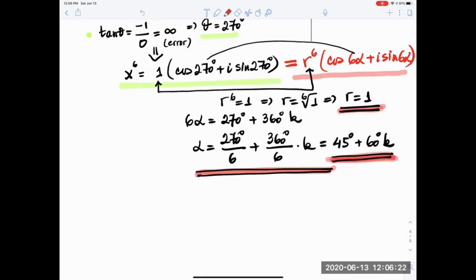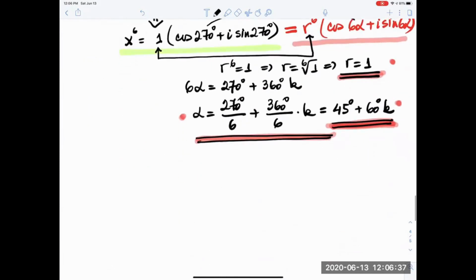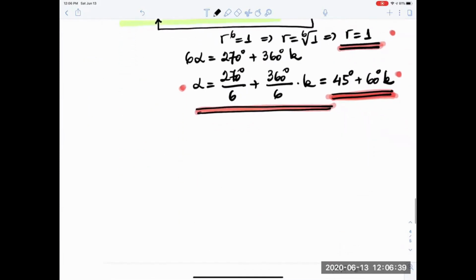Okay, so we have everything we need for the r and for the alpha. Now we can make a table. Once we have the table, then we can actually put it up on a graph up there, okay? So in our case, my r equals 1 for all of them, and k is 0, 1, 2, all the way to 5.